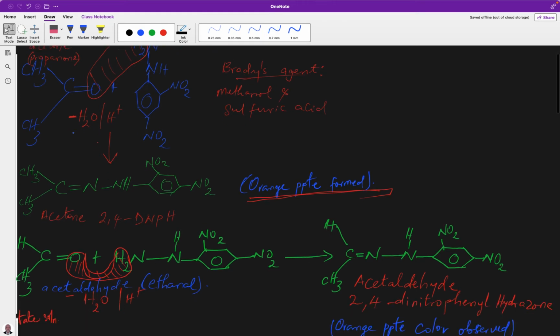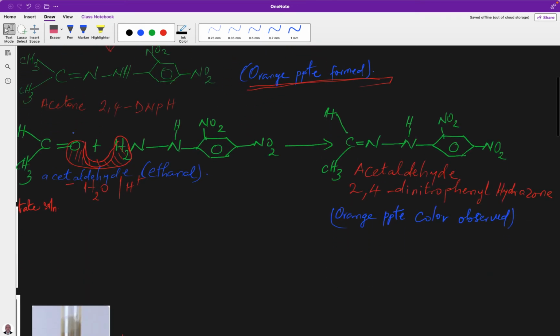Should we be dealing with an aldehyde, for example acetaldehyde, which is ethanal, and we react it with the same 2,4-dinitrophenylhydrazine, under normal conditions the polarization of the bond influences the reaction of oxygen and hydrogen, leading to a condensation reaction.